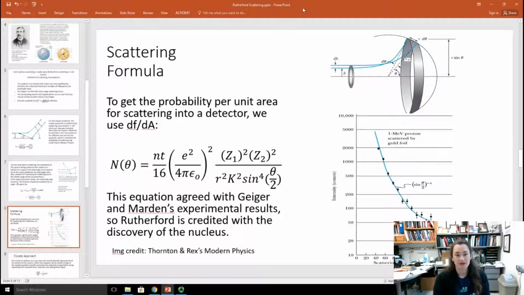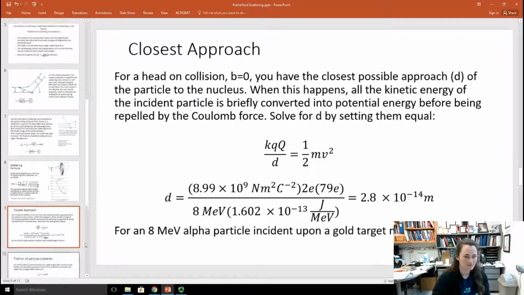Now, this experimental equation that he derived precisely fit the data. And so, since he had such good agreement with Geiger and Marsden in his experimental results, Rutherford and his team are credited with the discovery of that nucleus. So it's a pretty amazing accomplishment.